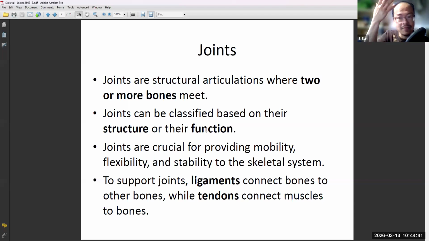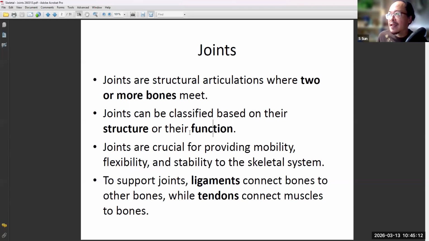Like in our skull, which has different bones, and bone and bone have sutures. The skull bones cannot move. It is pretty tight, so the joint is immovable. Some allow a little bit of movement, and some allow very flexible movement. So we can look at the structural classification and the functional classification of the joint.